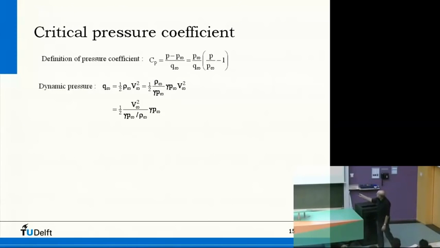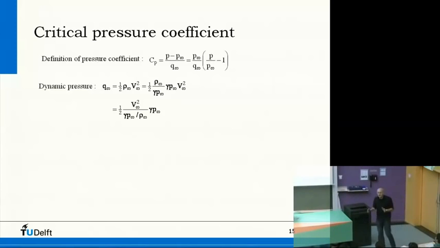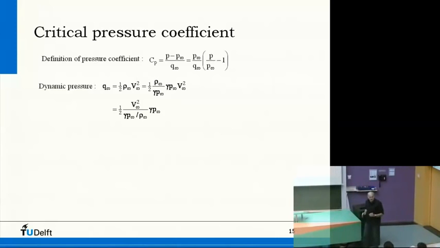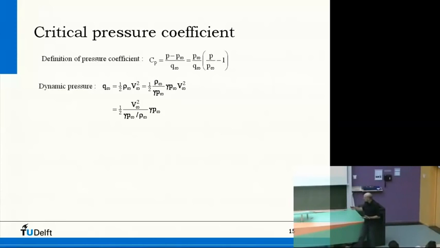The dynamic pressure, this Q infinity, is half rho infinity V infinity squared, is half rho divided by gamma P infinity, and you know where it's going, because this gamma and this rho divided by P has something to do with the Mach number. If you remember that the velocity of sound is the square root of gamma RT, is the square root of gamma times P divided by rho, the density.